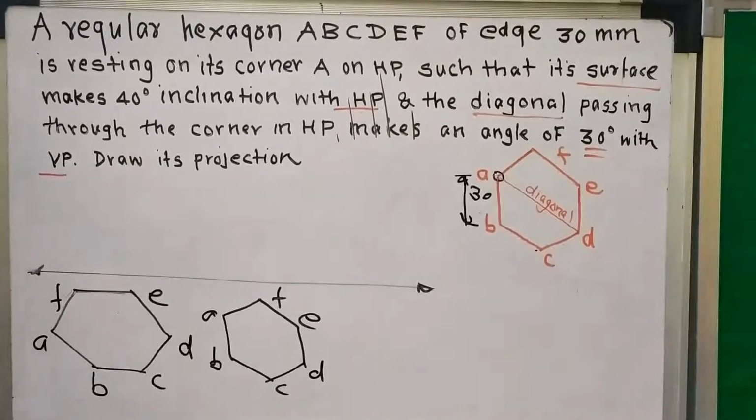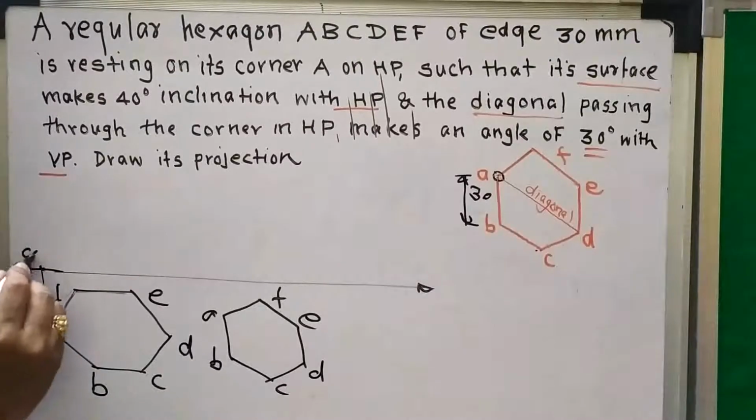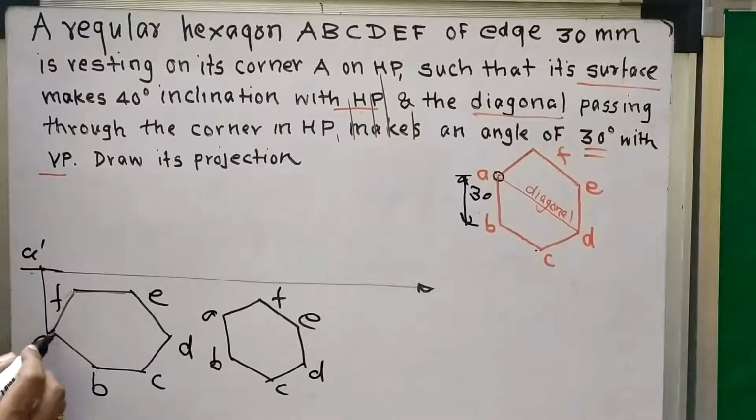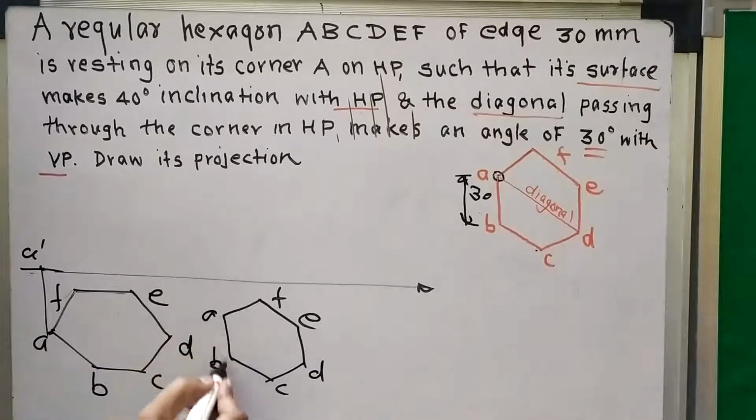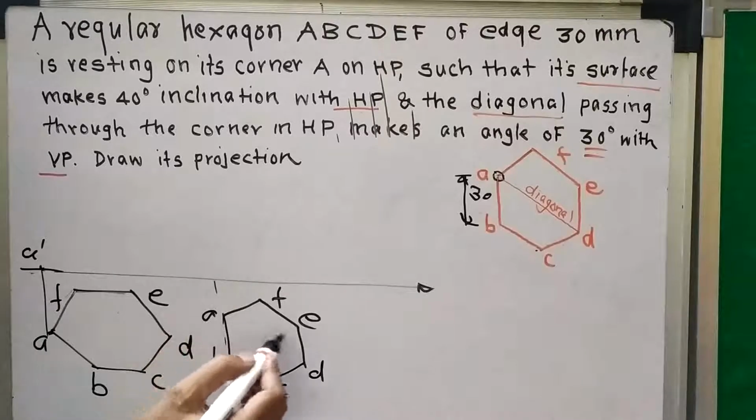Now if it is resting on the corner, this corner should appear separately here, A dash. If it is resting on the corner, then you have to draw the hexagon in this position, and if it is resting on the side, then we have to take this side perpendicular to XY, meaning the second position.